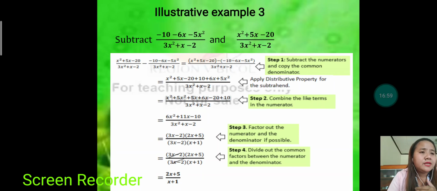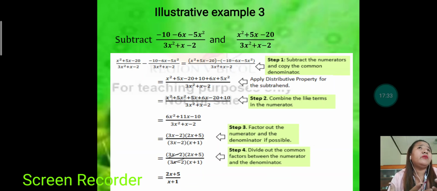The same as with the denominator, it is also factorable by the same process as I have told a while ago. So, that is 3x minus 2 and x plus 1. Since we factor all the numerator and the denominator, now we're going to have the cancellation of the common factors in the numerator and the denominator.